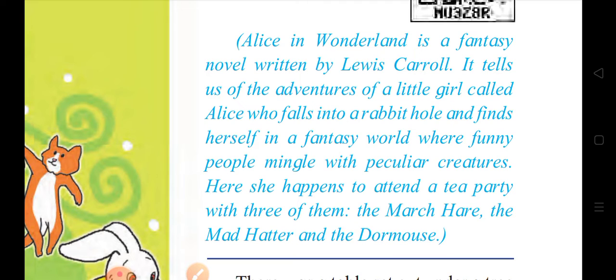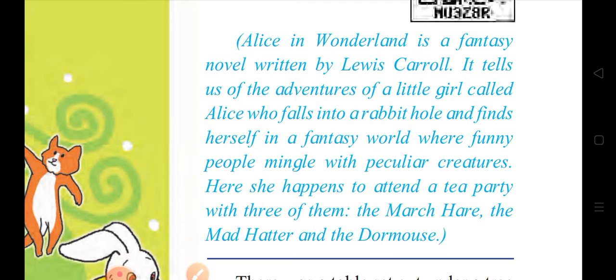Now, what is a March Hare? A March Hare is a brown hare. The color of the hair is brown, and it has a breeding season. That means when they mate and produce the young ones, that is called their breeding season. The brown hare in the breeding season is noted for its leaping and boxing movements.